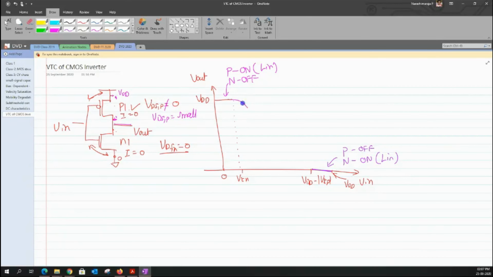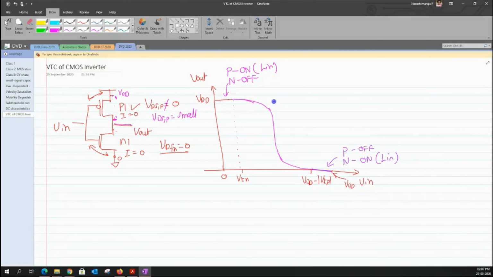Now there is a particular zone where it slowly varies, and there is a particular zone where there is a quick variation, and then it moves into something like this.